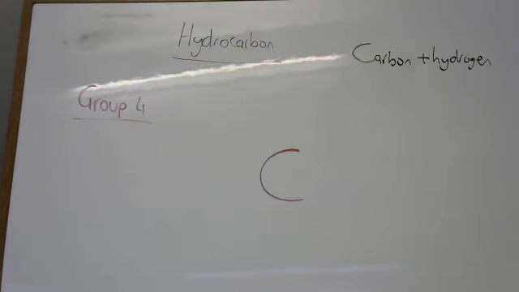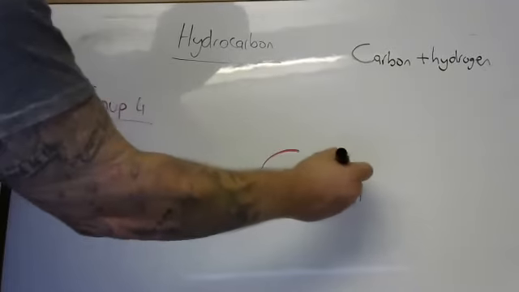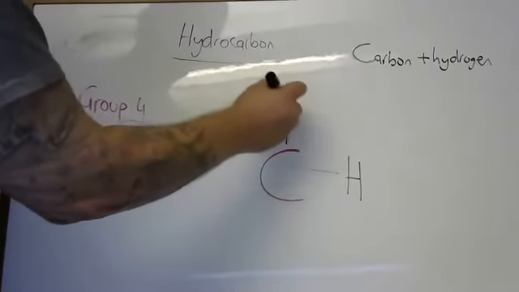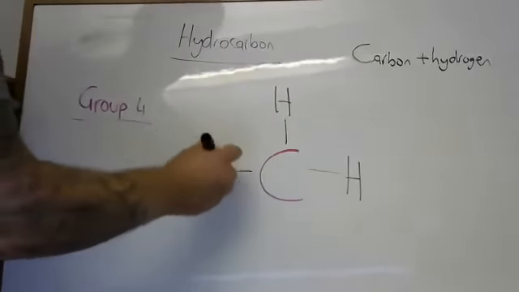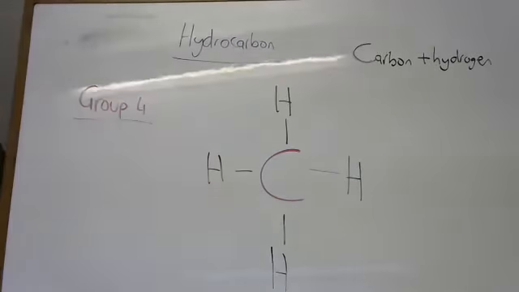The very most basic concept is that carbon creates 4 very strong covalent bonds with hydrogen. This is called methane.